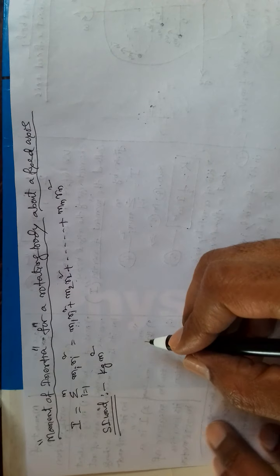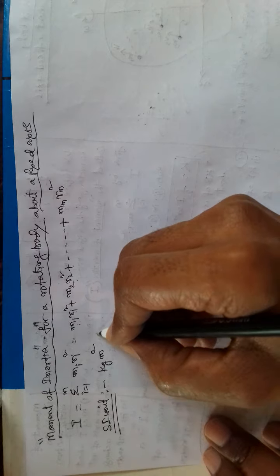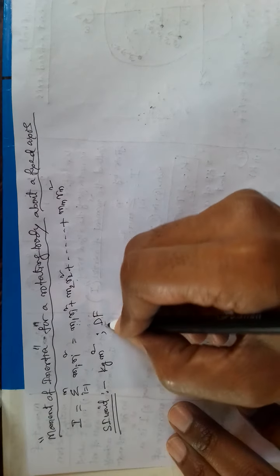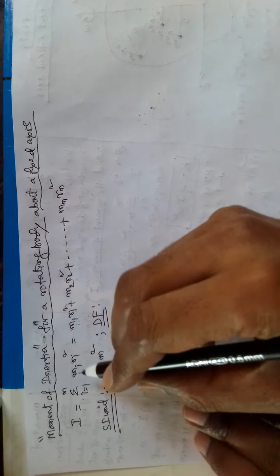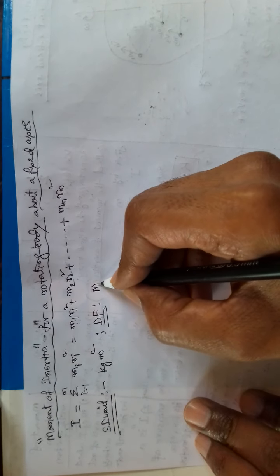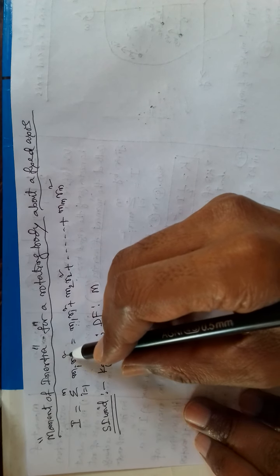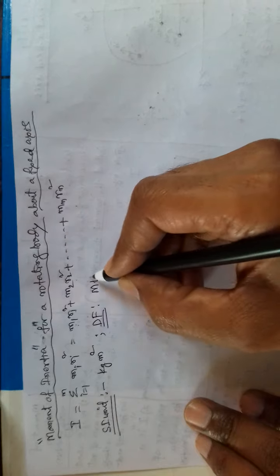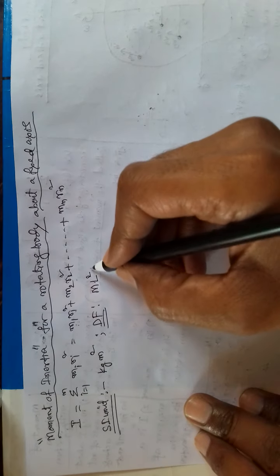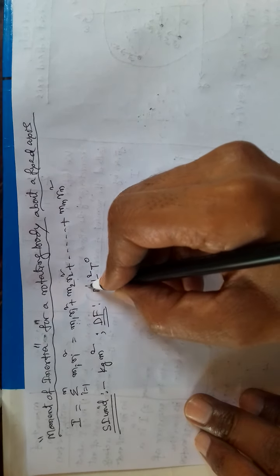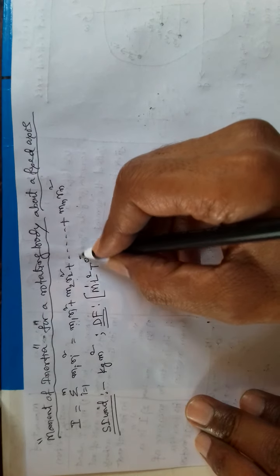So the unit is kg meter square. Now let us consider its dimensional formula. See here, mass is M. Here distance square means L square. T is not occurring, so T power 0. So M power 1, L power 2, T power 0.